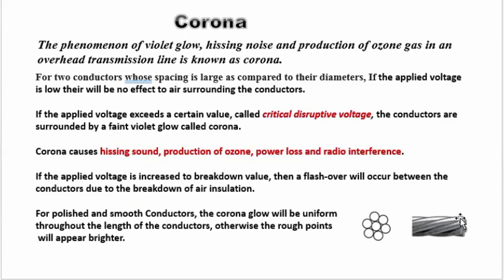In this diagram, as you can see, there is a rise and fall on the conductor. So this rise and fall on the conductor, or these sharp points on the conductor, give rise to a non-uniform electric field, and due to these points the surface charge density does not remain the same, and as a result collisions of electrons occur, and as the collisions between the electrons occur, they try to escape from the conductor and they move towards the air.